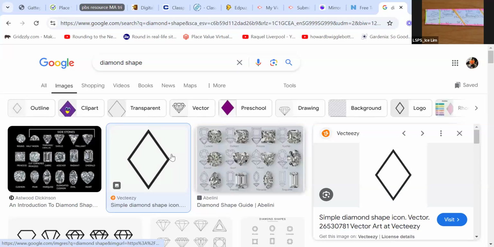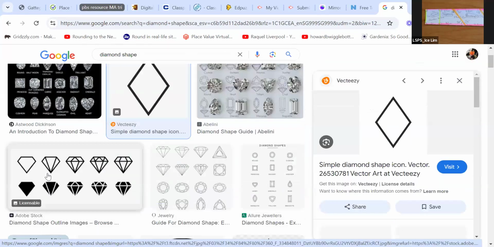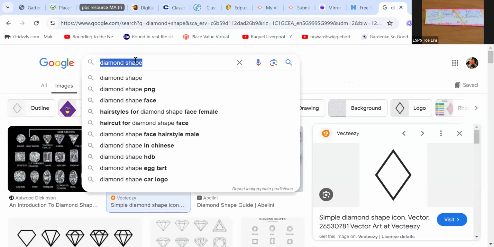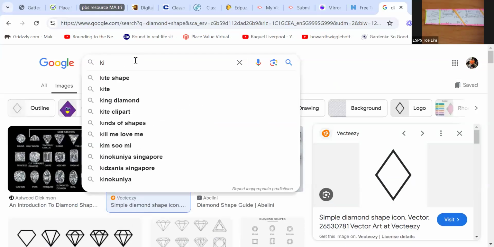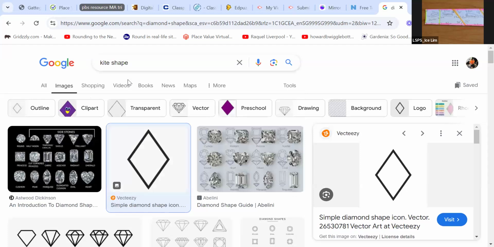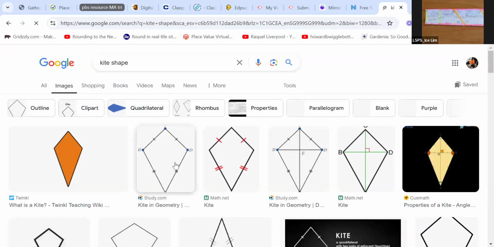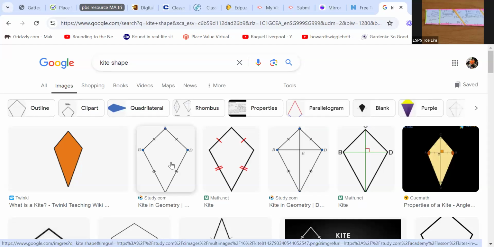Diamond is more accurately an English word. Again, kite shape is not really a kite shape, but in geometry, it does exist as some property. You will learn this next year, primary 6.